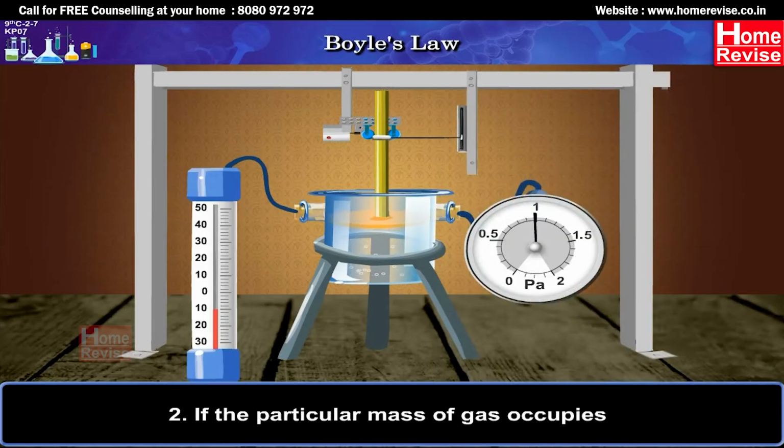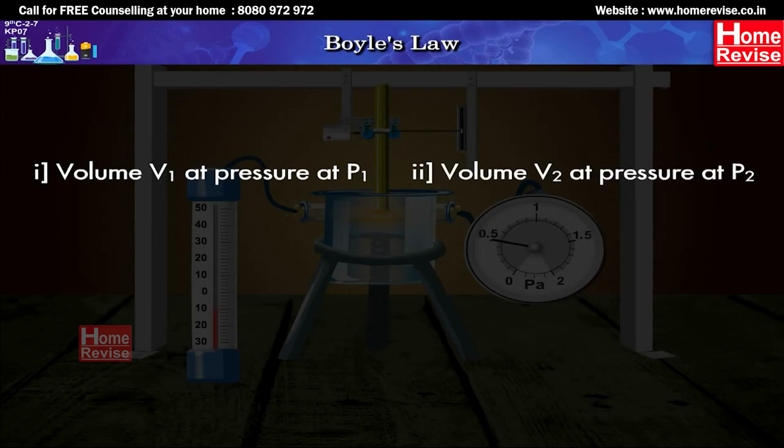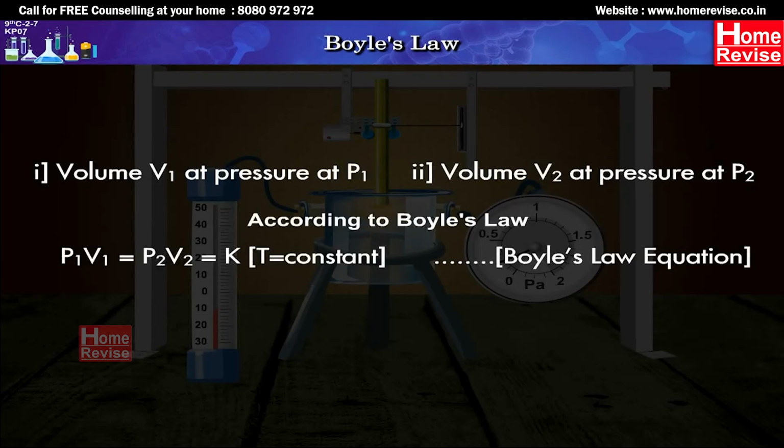2. If the particular mass of gas occupies, first, volume V1 at pressure P1, second, volume V2 at pressure P2, according to Boyle's law, P1 V1 is equal to P2 V2 is equal to K, where T is equal to constant.